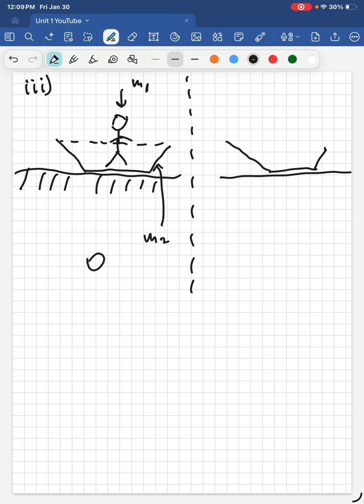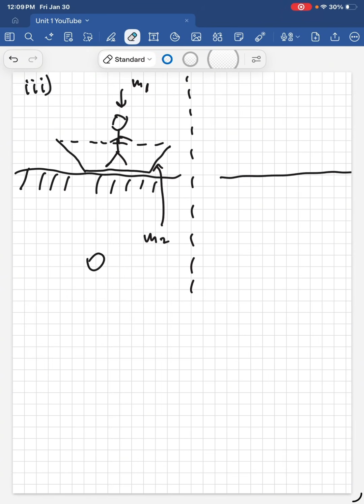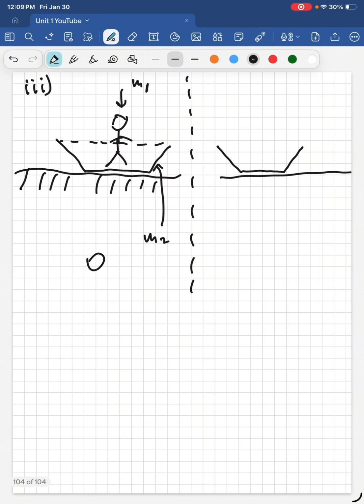And now maybe the human jumps off the boat and onto, I don't know, the pier or something. So this is my human jumping. He or she has a momentum p1.